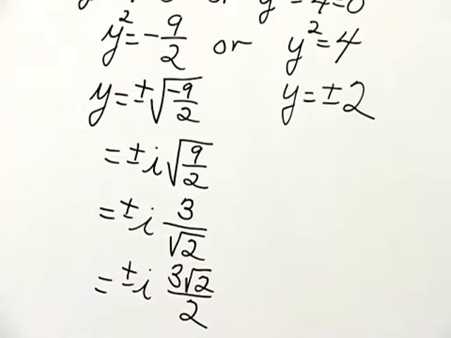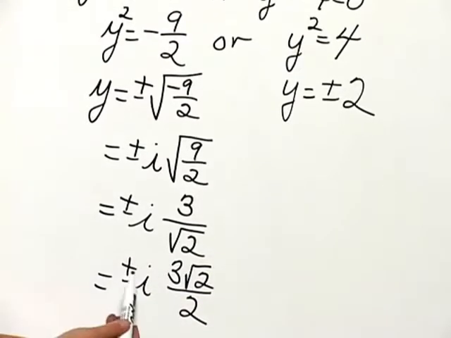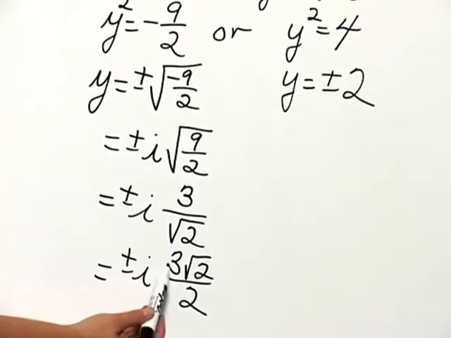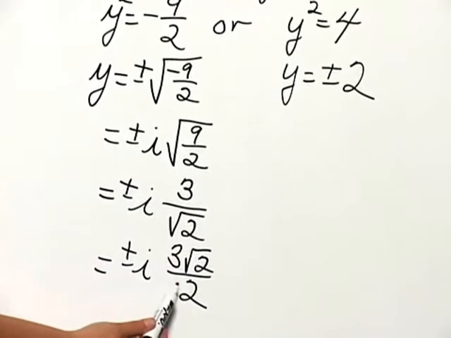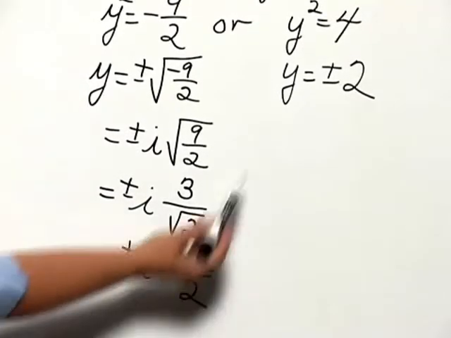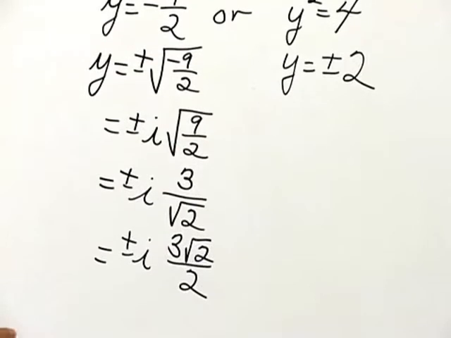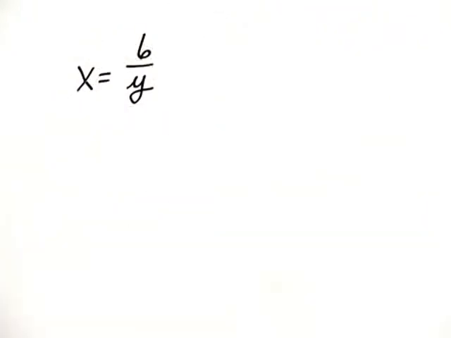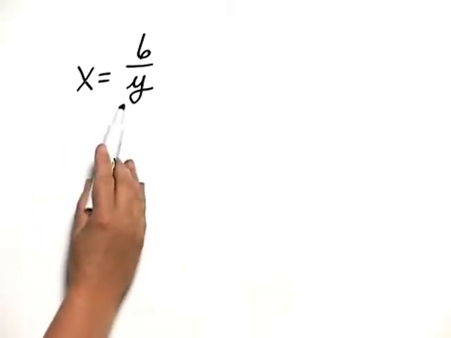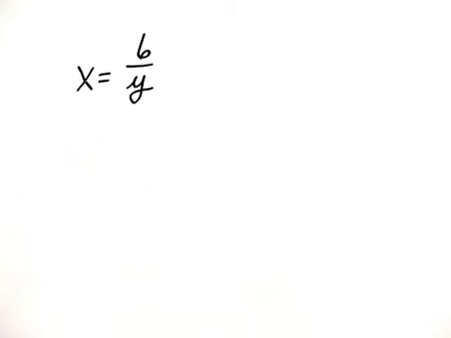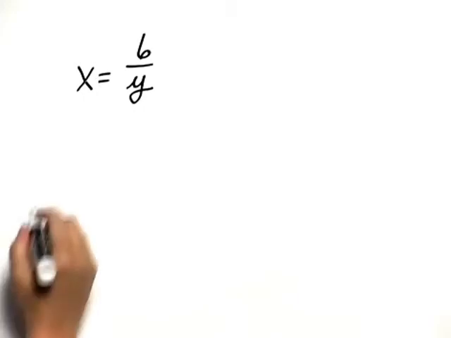Now what we have so far are four values for y. Plus or minus 3 square root of 2 over 2 i, which we normally would write the i afterwards, and plus or minus 2. So now we'll take each of those values for y, and we'll substitute in this equation, and we'll find the corresponding values of x. Let's start with y equals 2.